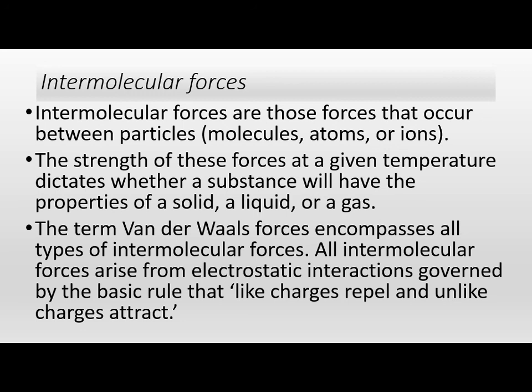In a molecule or an atom, electrons orbit the nucleus. As they orbit, the region where the electrons accumulate in one fraction of a second becomes more negative than the region where they came from. Therefore, the region where they came from remains relatively positive.